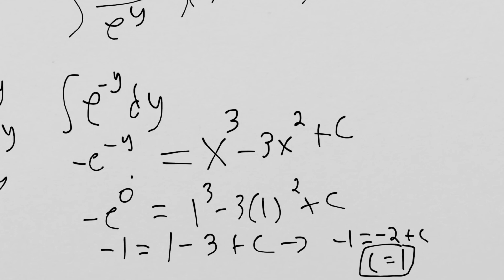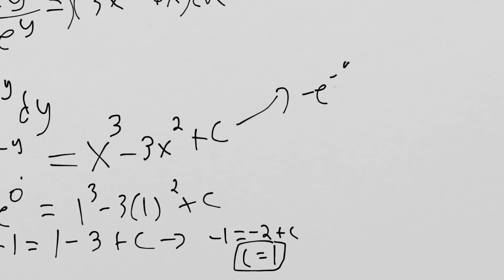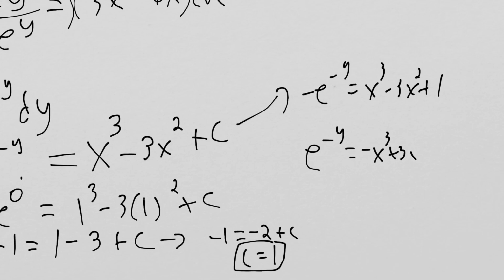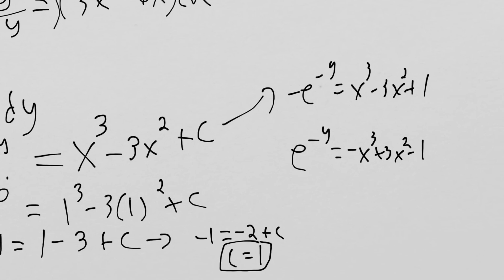So that tells us that negative e to the negative y equals x cubed minus 3x squared plus 1. Now we can solve for y. We multiply by a negative on both sides first to make this positive e to the negative y. That's negative x cubed plus 3x squared minus 1, just flipping all those signs. Now to undo the e to the, we do the natural log on both sides. If we take the natural log of the left, the e cancels.